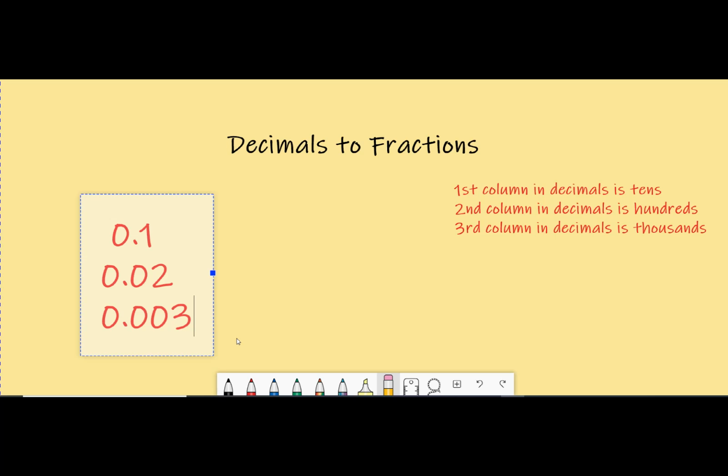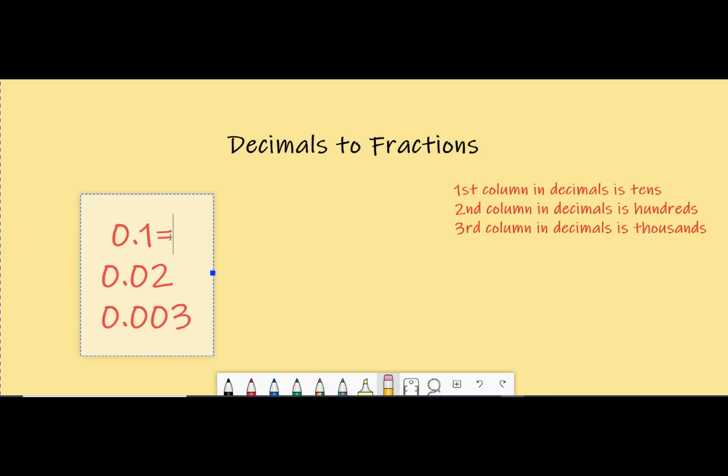So if we look at these decimals on the left, we have 0.1, 0.02, and 0.03. So basically we have 0.1, which is equal to what?